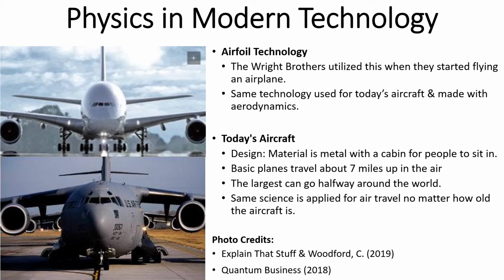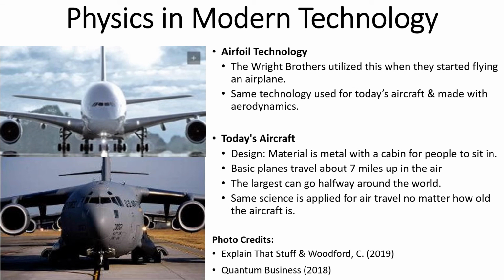In terms of modern technology, airfoil technology was used even way back when the Wright brothers started flying an airplane. And even still today, airfoil technology is used for today's aircraft. However, unlike way back, these days it is prepared well with aerodynamics.